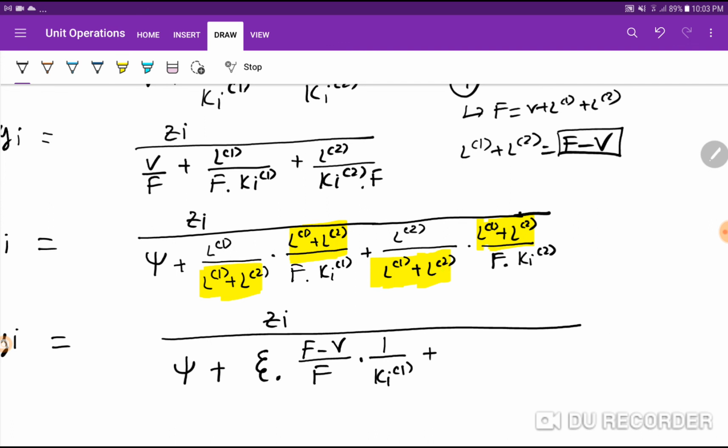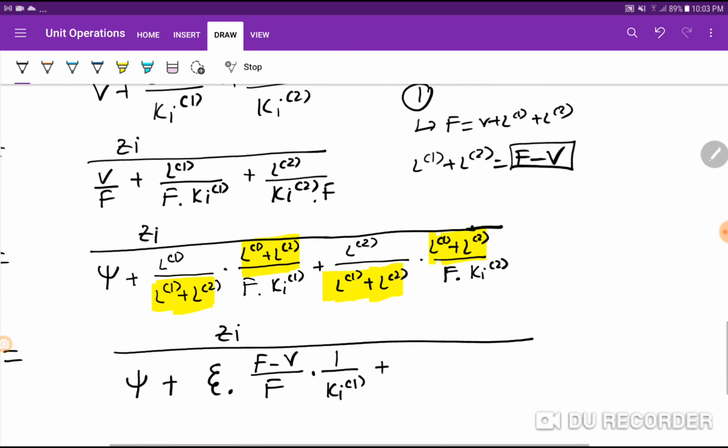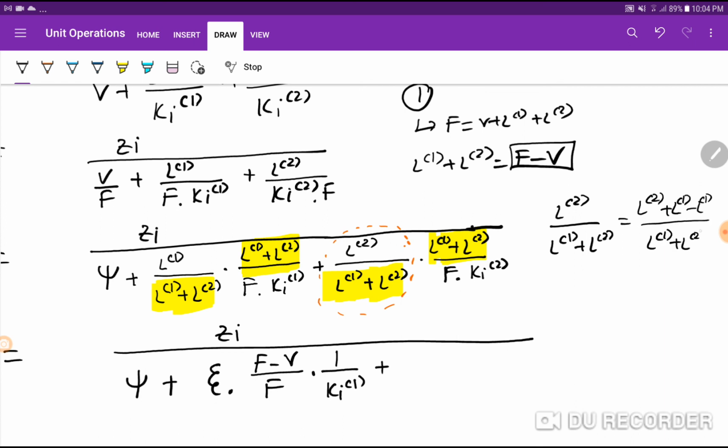L2 over L1 plus L2. I'm gonna do a little bit of manipulation here for this term. So L2 over L1 plus L2 equal L2 plus L1 minus L1 over L1 plus L2, equal to L2 plus L1 over L1.